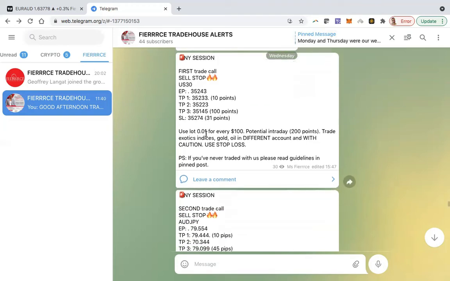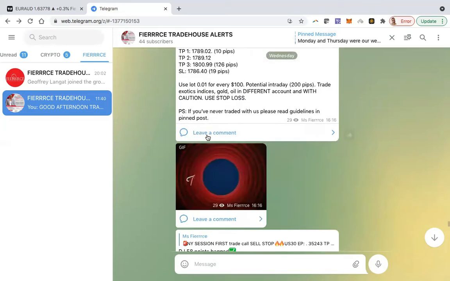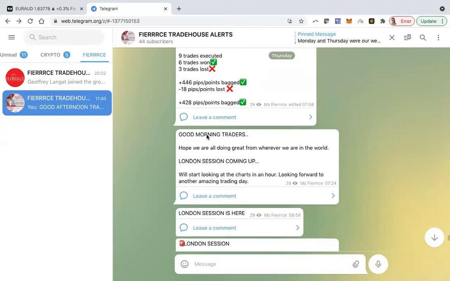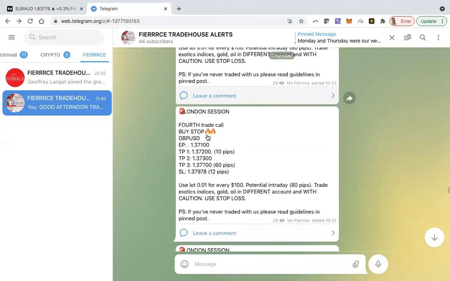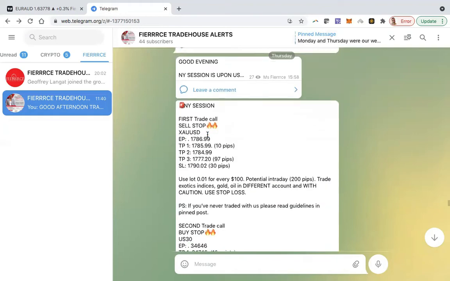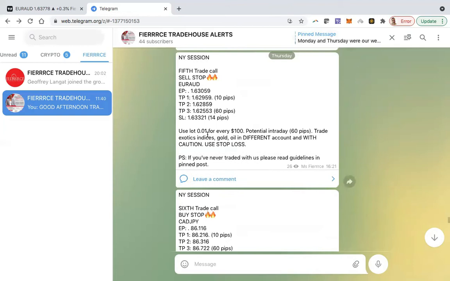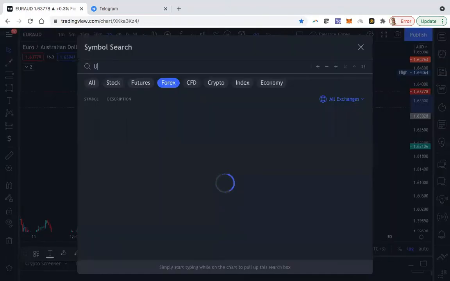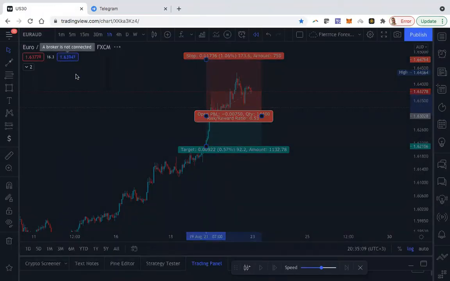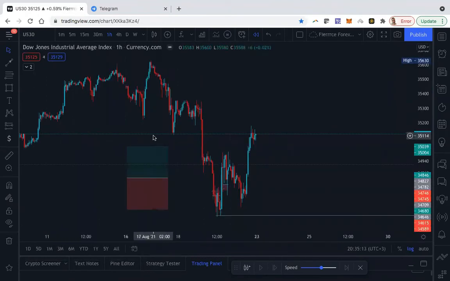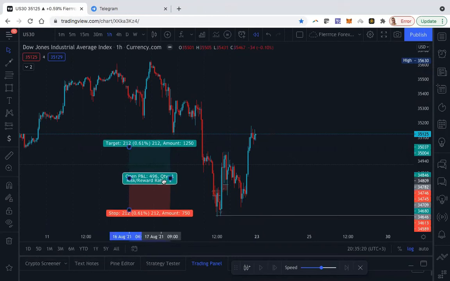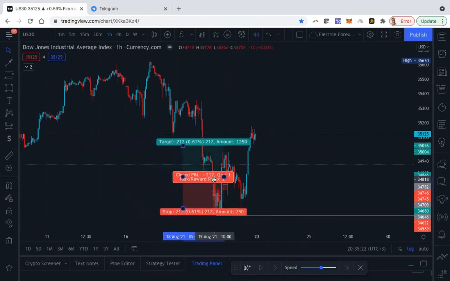I want to look at Thursday, the last trades. Thursday was the 19th of August.